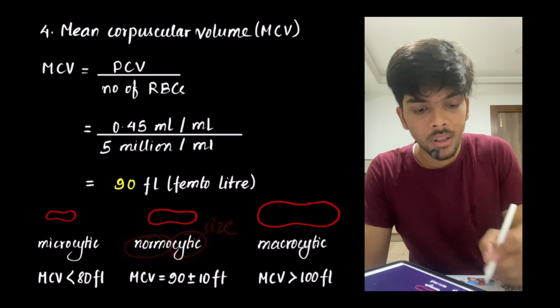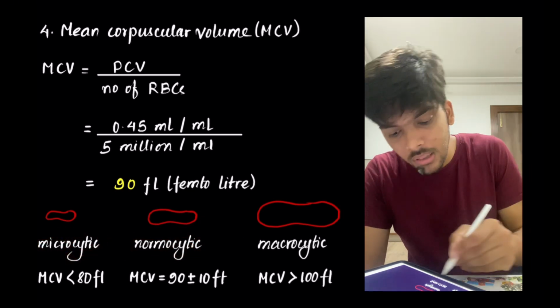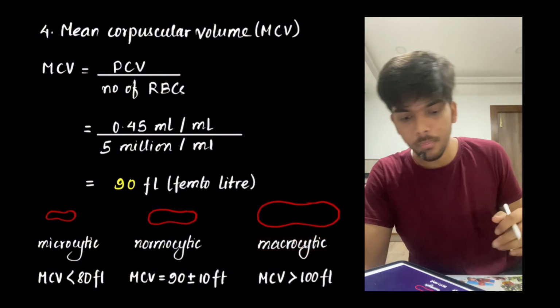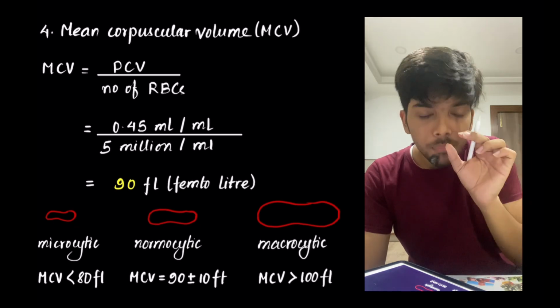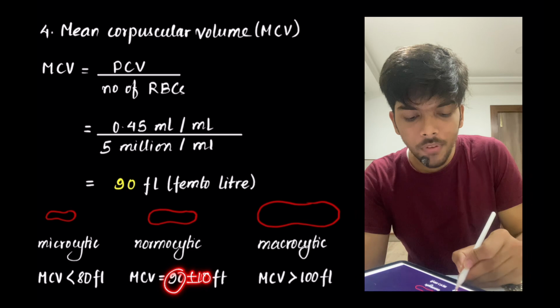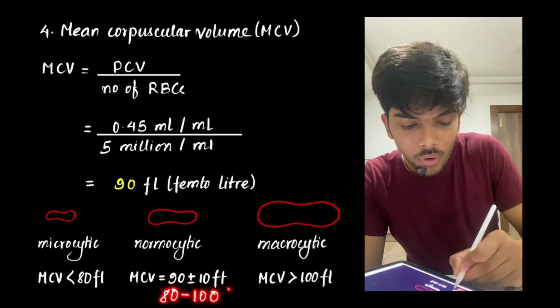Normo means normal. Microcytic, micro means smaller than normal. Macrocytic, macro means larger than normal. So normocytic RBC have mean corpuscular volume of 90 plus minus 10 femtoliter. That is from 80 to 100 femtoliter.